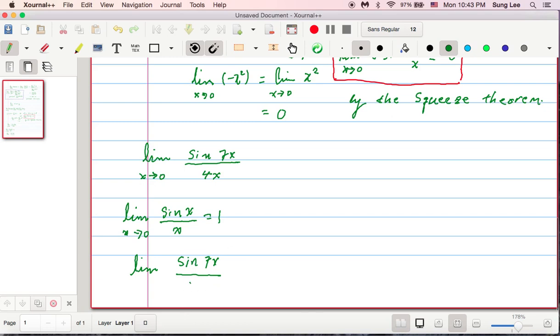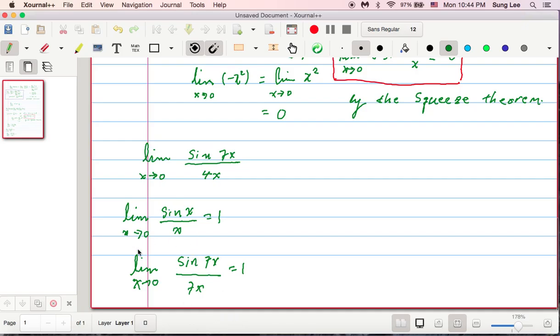So we have to have 7x down here also. And when this angle 7x goes to 0, since 7 is constant, it means x goes to 0. So we don't have to say 7x goes to 0, but still just simply x goes to 0. This is going to be 1. Okay? So that's what we have here.